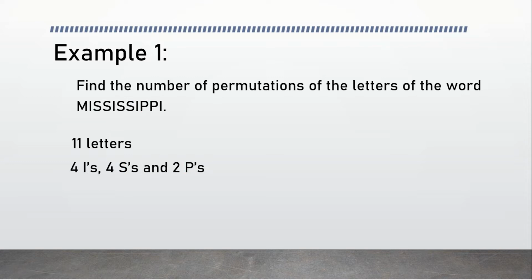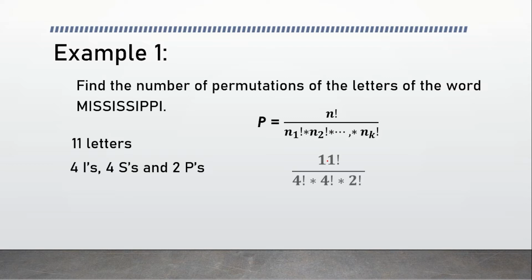By using our formula, we have n factorial all over n sub 1 factorial multiplied by n sub 2 factorial multiplied by ellipsis multiplied by n sub k factorial. What will be the value of n here? It should be the total number of letters in the word Mississippi, which is 11. So we have 11 factorial all over 4 factorial multiplied by 4 factorial multiplied by 2 factorial.